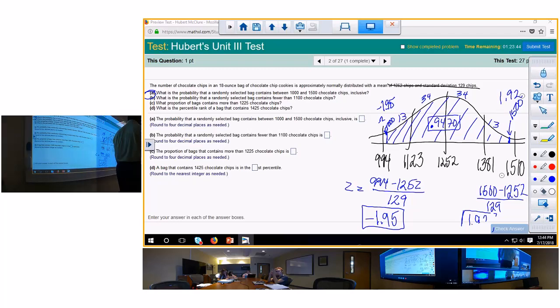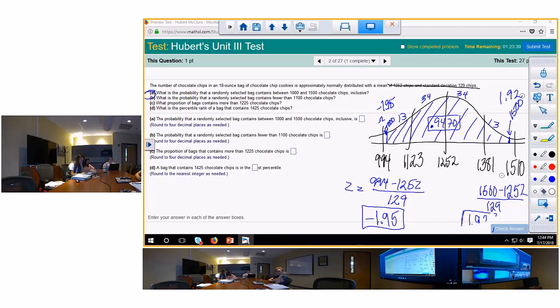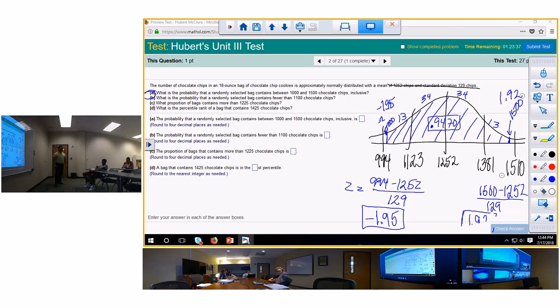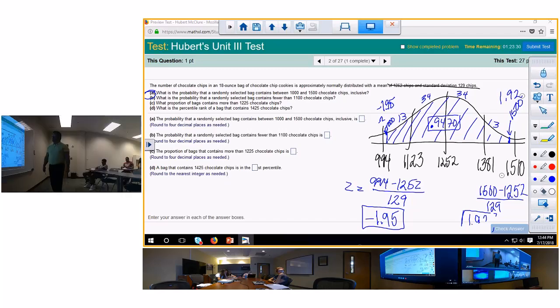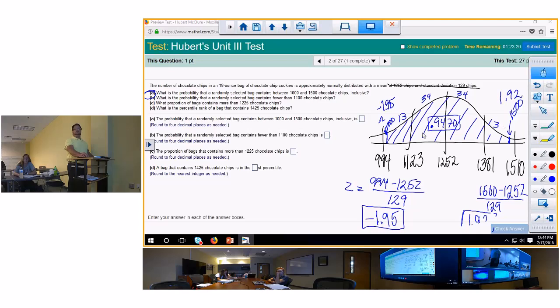What do you get? It's a miracle. Okay? So that would be 0.9470. So you would type in 0.9470 and you would feel good about yourself.